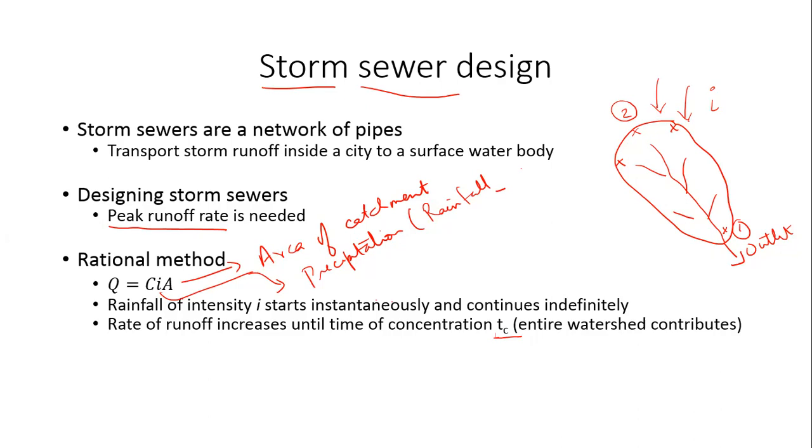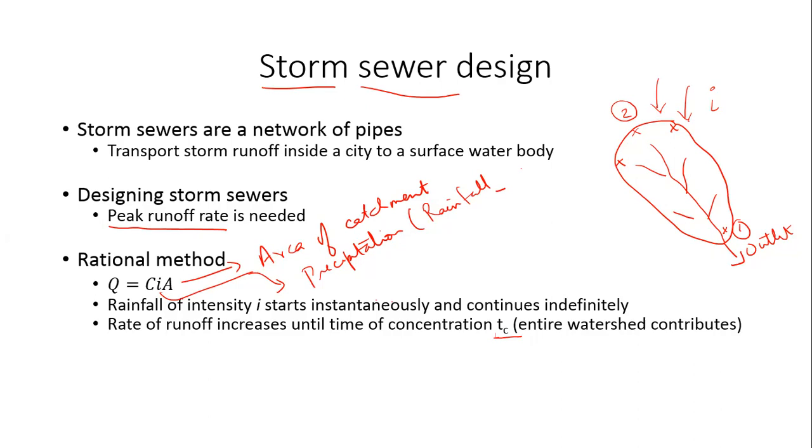Now, until runoff from point 2 reaches the outlet, will the runoff coming out of the outlet be maximum or not? Understand the question? Until the water from point 2 reaches the outlet, maximum runoff will not be achieved. Do you agree?